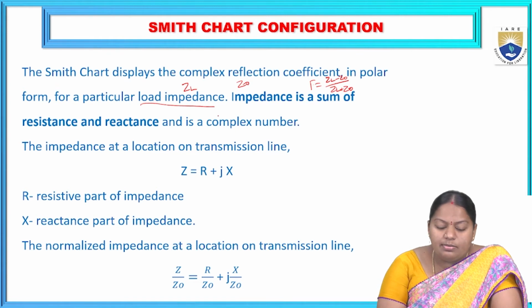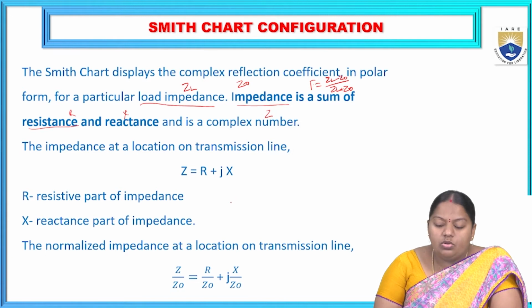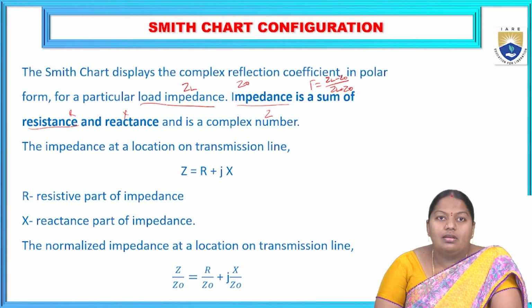Right? The Smith chart displays the complex reflection coefficient in polar form for a particular load impedance. And impedance is the sum of resistance and the reactance and is a complex number. Generally, we represent impedance with Z, the resistance with R and the reactance with X. So impedance is a combination of resistance and reactance, and it is expressed as a complex number.